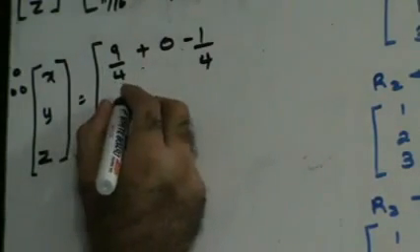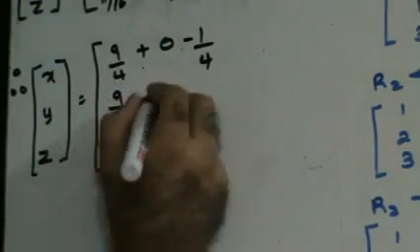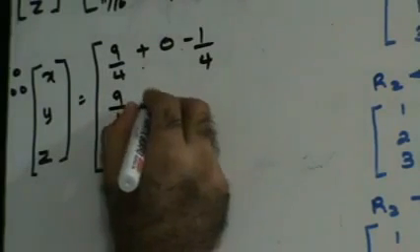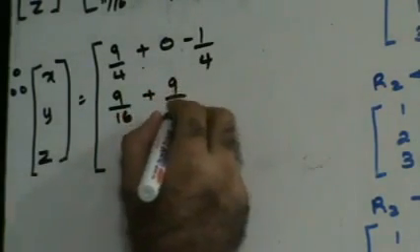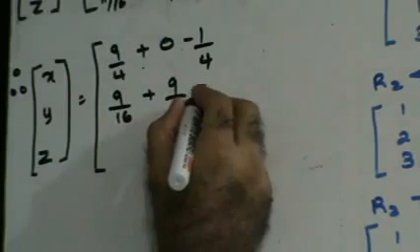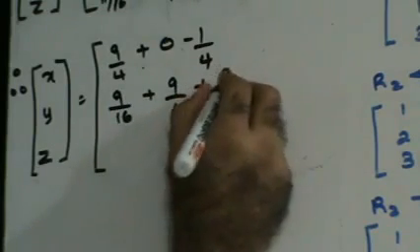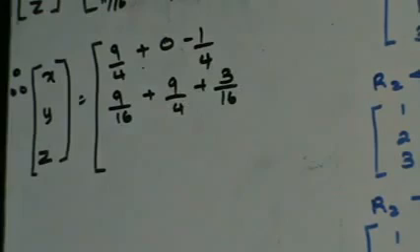Next, second row into first column. This is going to be 1 by 16 into 9. That's 9 by 16 plus 9 by 4 minus into minus plus 3 by 16. Now third row into first column.